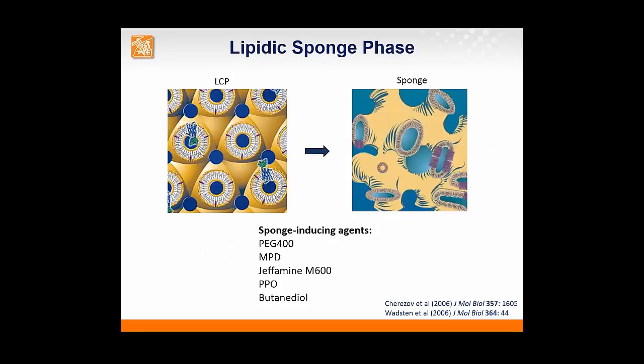And finally, I would like to note that this LCP FRAP assay is designed to look at the diffusion of membrane protein in the lipidic cubic phase. However, there are several common precipitants that at high concentration can swell the lipidic cubic phase and induce formation of the so-called sponge phase. Sponge phase has similar topological properties in that it can consist of a single lipid bilayer.